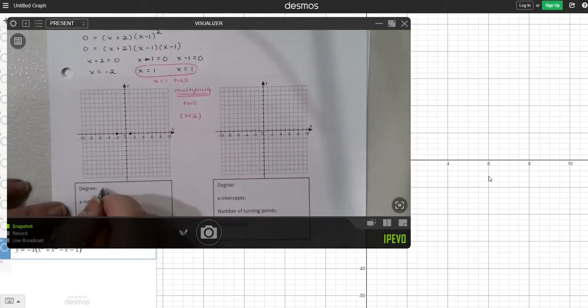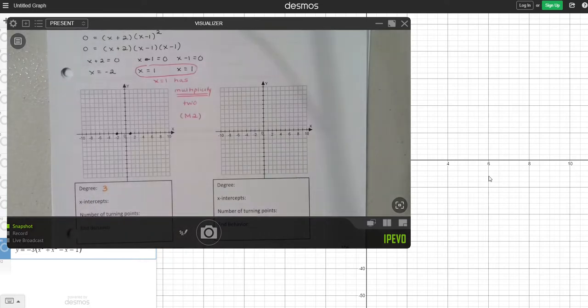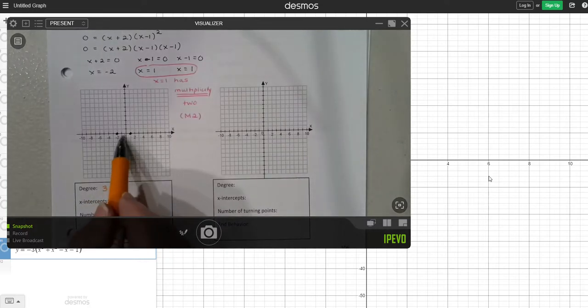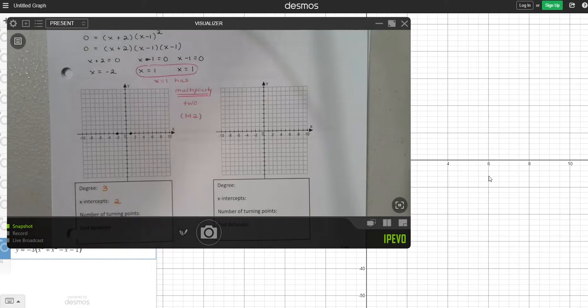So my degree is going to be 3. I've already seen there are 2 x-intercepts. That's a little bit different than the ones we looked at in the last video, where the degree always matched the intercepts, but that's because of the multiplicity. And from there, I'm actually going to use Desmos to help me out.